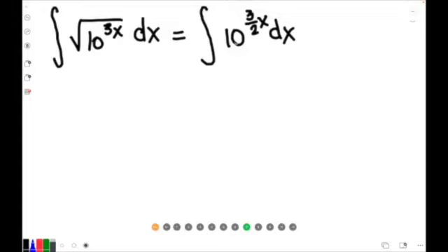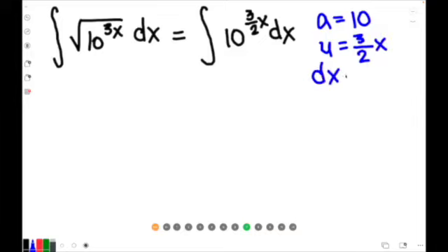Since this is 10 raised to 3 halves x, it's safe to say that a is just equal to 10, and u is equal to 3/2 x, and du would therefore be equal to 3/2 dx.